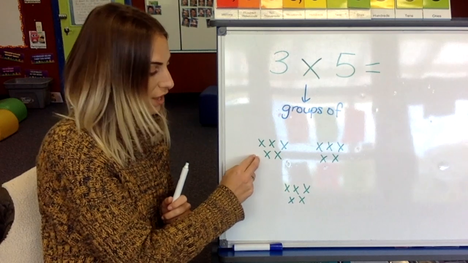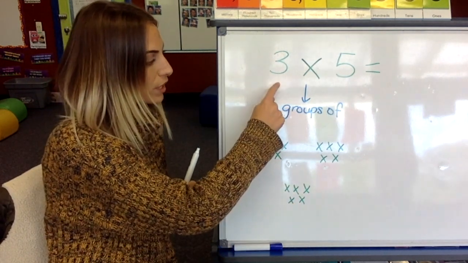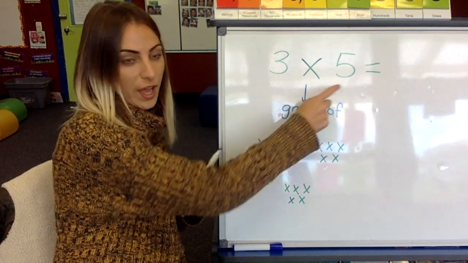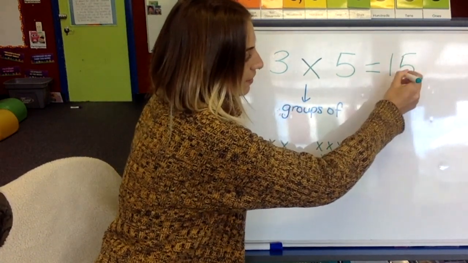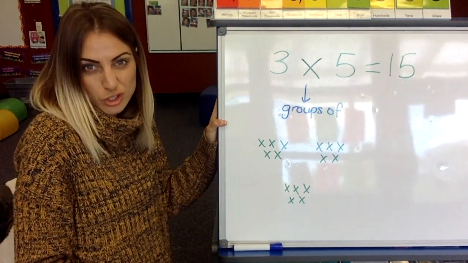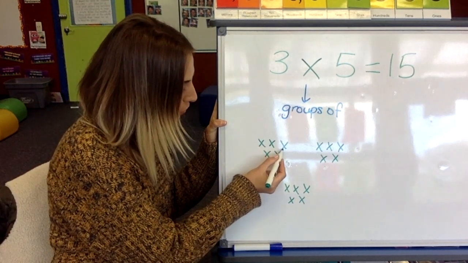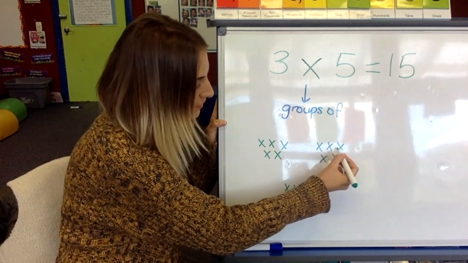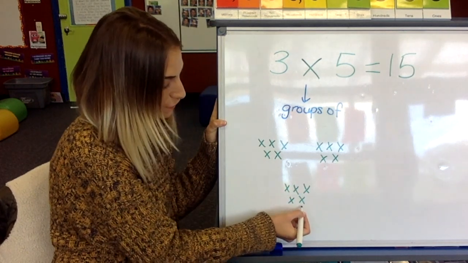That means that 3 groups of 5 is how many? 15. 3 groups of 5 is 15. And if I'm not sure, I can check by counting them all. 1, 2, 3, 4, 5, 6, 7, 8, 9, 10, 11, 12, 13, 14, 15.